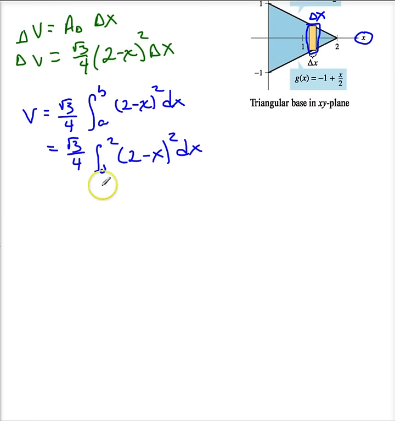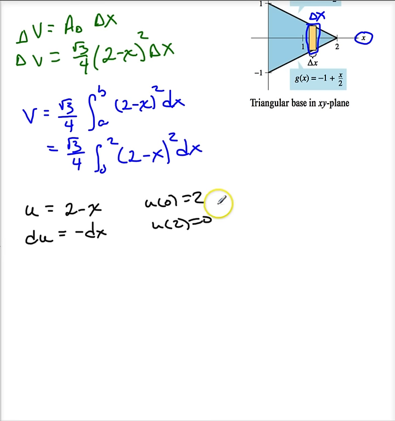Now it's just a straightforward integral. Let's see, we could multiply this out, or we could do a u substitution. If we let u equal 2 minus x, du is minus dx, u of 0 is 2, u of 2 is 0.